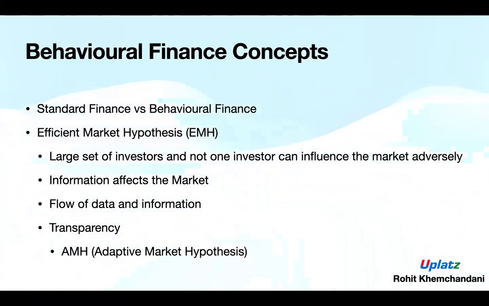Hence, behavioral finance works upon the observed behavior rather than the idealized one. So behavioral finance can be seen as a science, dependent on my observations, what I'm actually observing, and accordingly I'm taking some decisions.